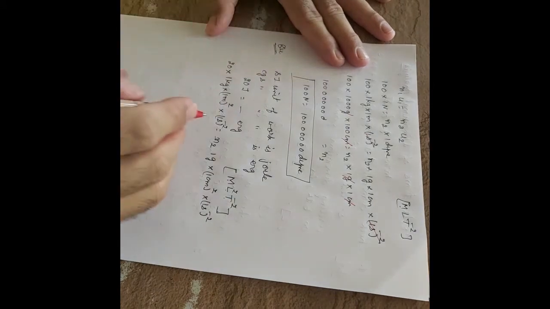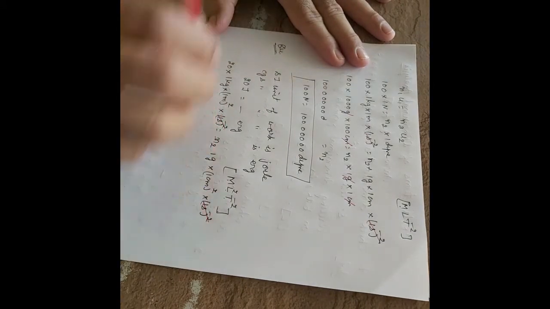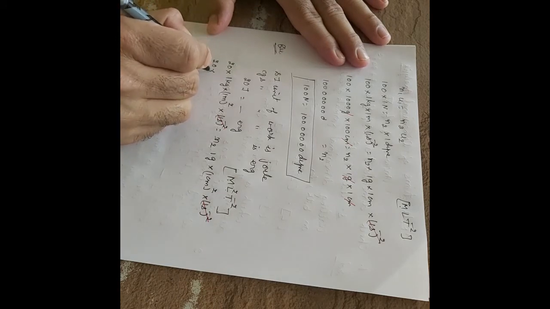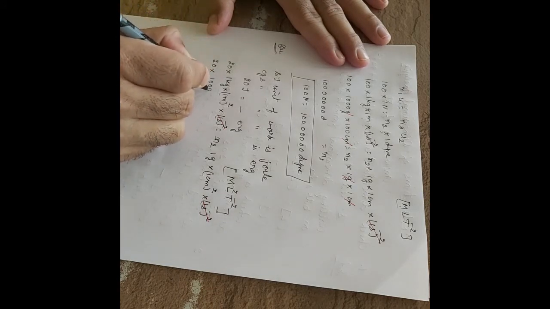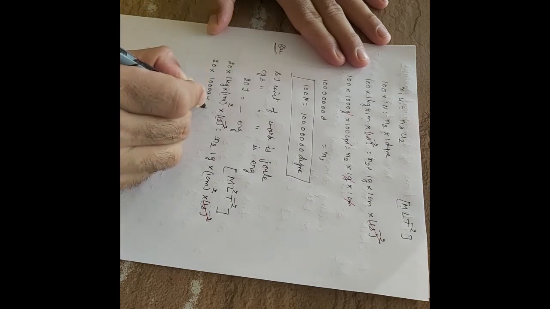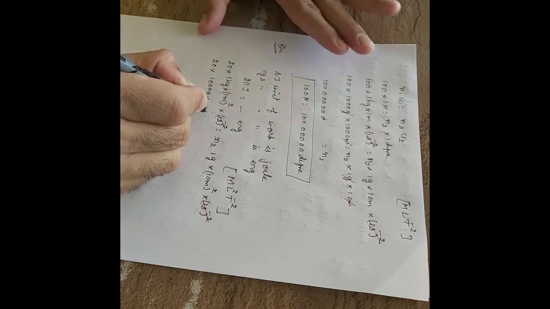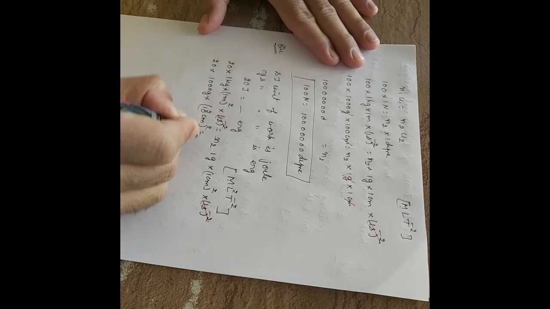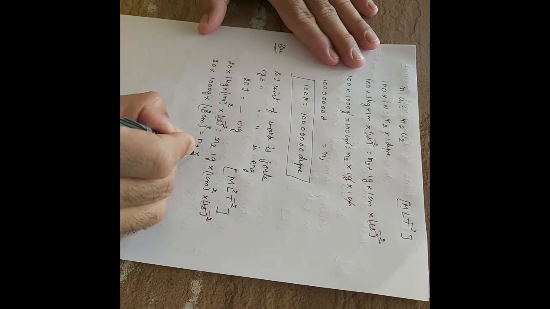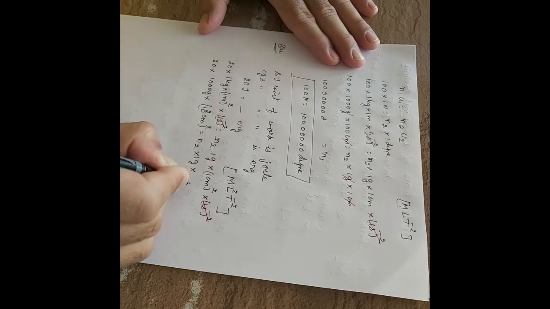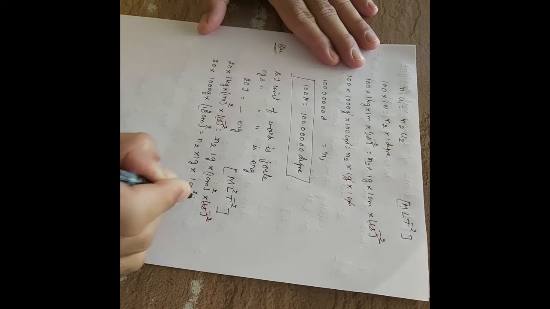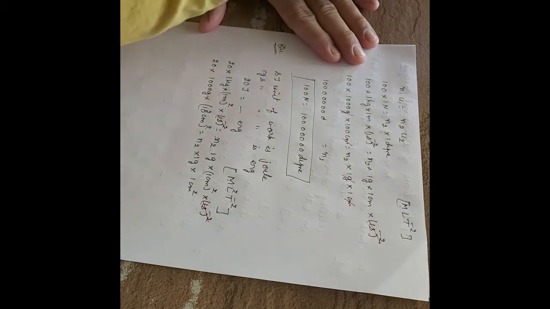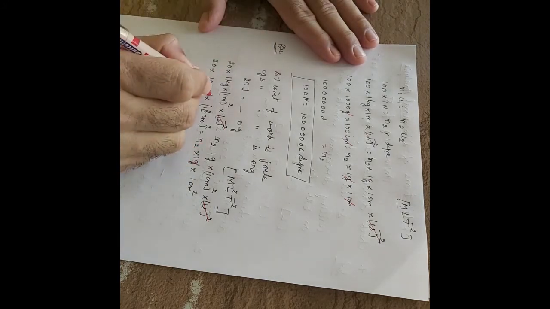What I will do now is cancel the like terms. So again convert this 20 into 1000 gram. And how many centimeters are in 1 meter? There are 10 to the power 2 centimeter in 1 meter. So I'm writing this: N2 multiplied by 1 gram multiplied by, if I open this bracket, 1 square is 1 and centimeter square is centimeter square. Now cancel the like terms. Here gram is the like term.